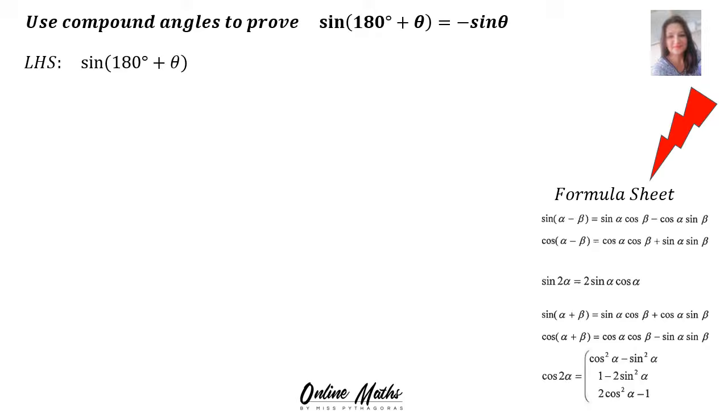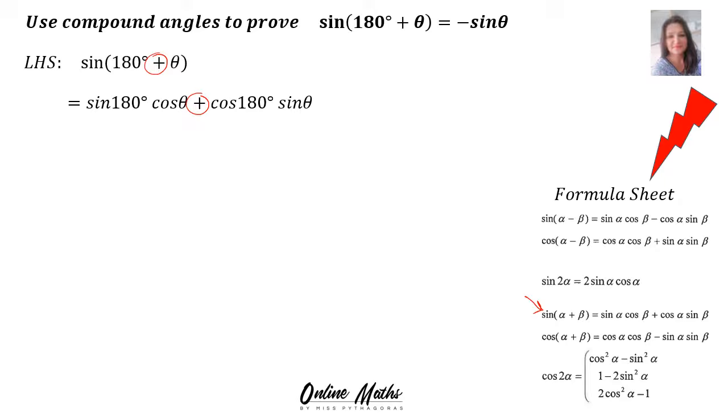If you look at the left hand side, sin of 180 plus theta, can you see it is the compound angle sin of alpha plus beta? So that one you can expand into sin cos, cos sin, and then it's 180 and theta, and 180 and theta. And in sin the signs are the same. That's why that's a plus.